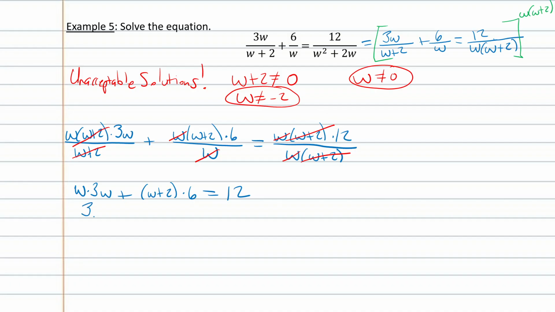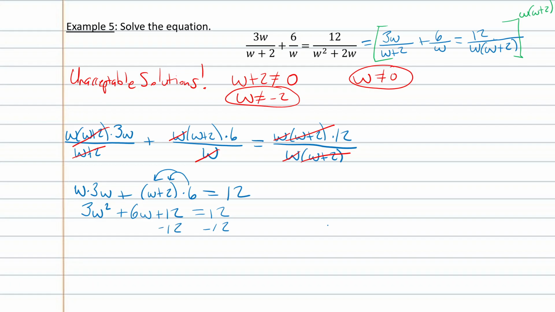Well, here, I wind up having a 3w squared. If I distribute the 6 to both the 2 and the w here, I wind up with plus 6w plus 12. Okay, that equals 12. All right. Now, what if I subtract 12 over to the left-hand side?